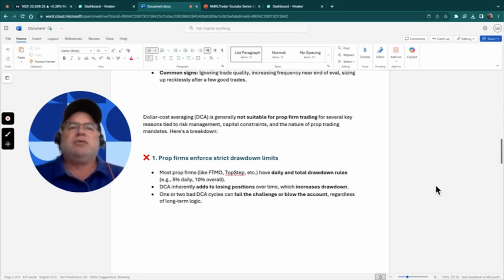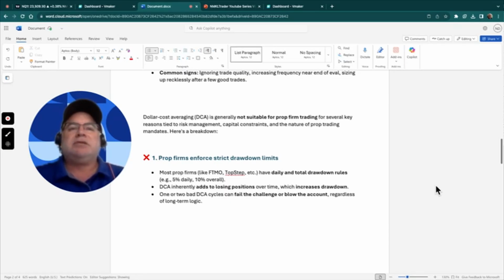Prop firms enforce strict drawdown limits, and they do this because they want consistent traders. Some of these prop firms like FTMO, Top Step, Apex have daily and sometimes total drawdown rules like 5% daily, 10% overall. Go to their website, they'll have that information there for you.